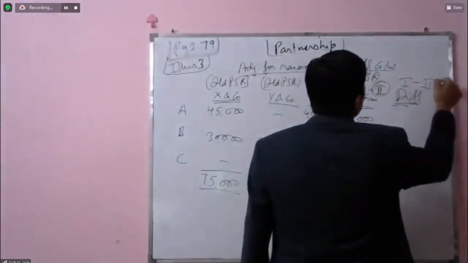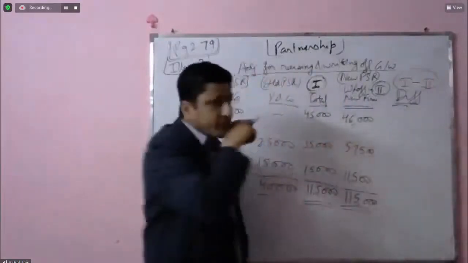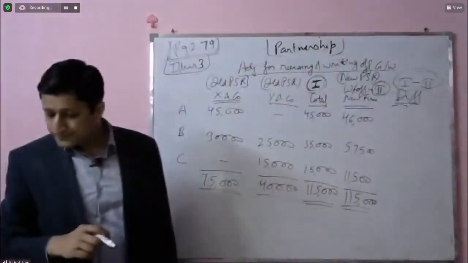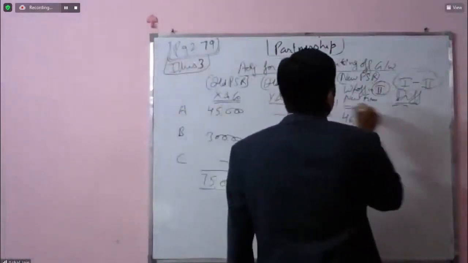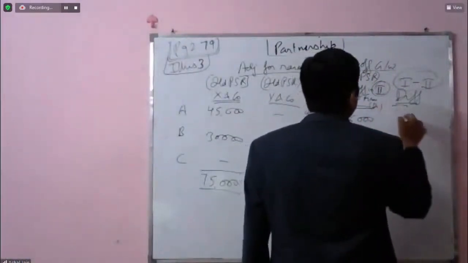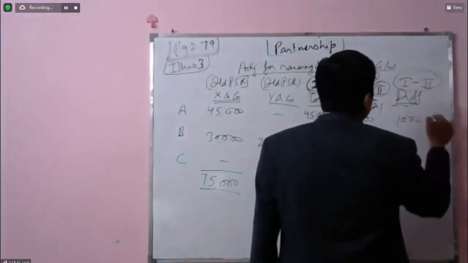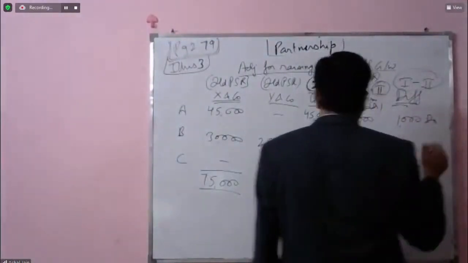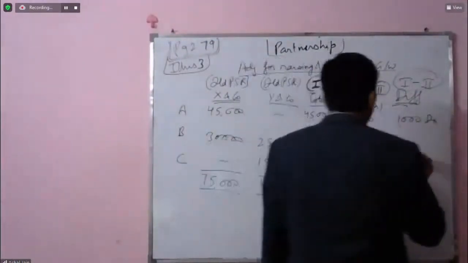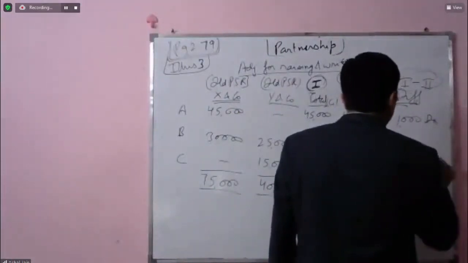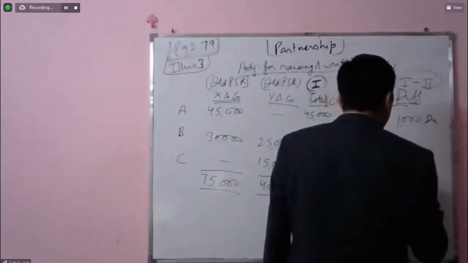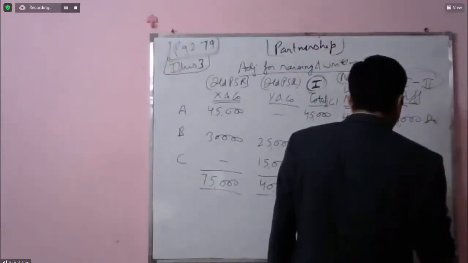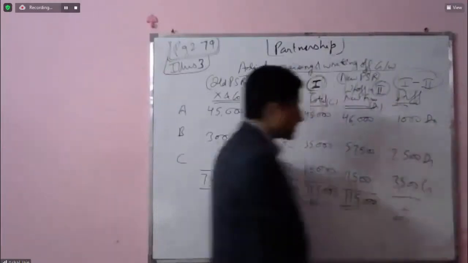So 1, 2. That's the difference. Correct? So if we say this was credit, this was debit, so this will be 1,000 debit. This will be 2,500 debit. This will be 3,500 credit. Net it's 0.